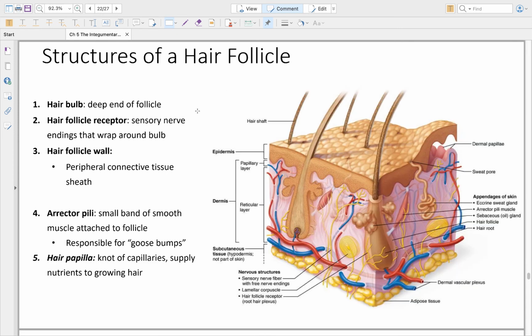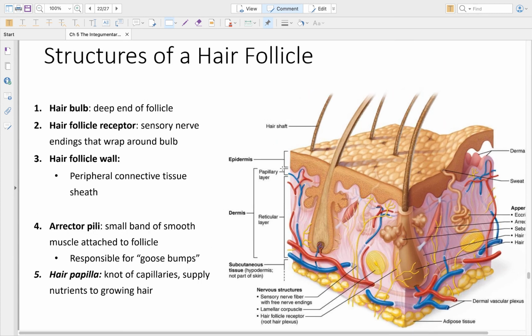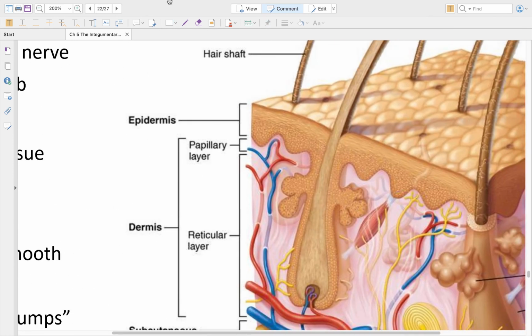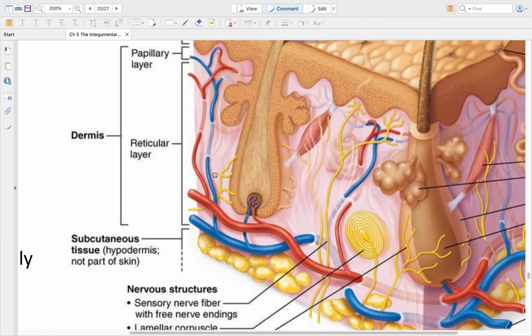All right, now we're going to focus on the hair structures. We've already gone over a couple of them, but I want to zoom in at a couple more things that we didn't talk about.